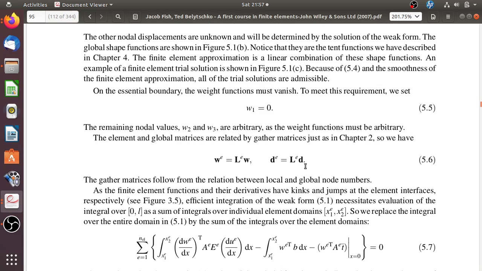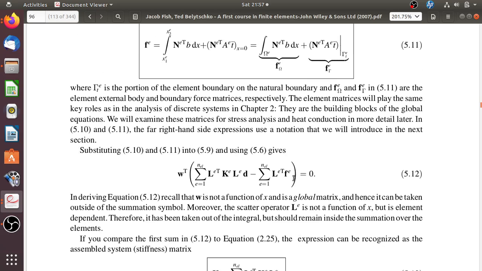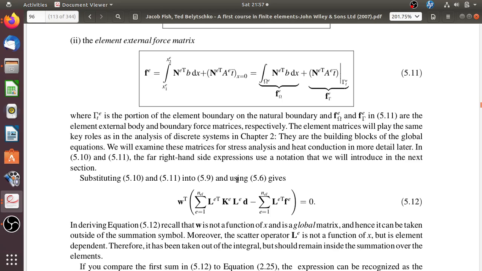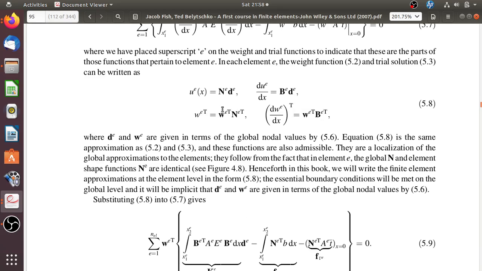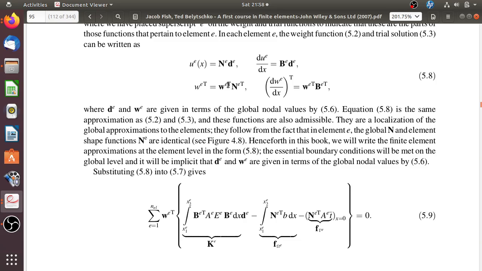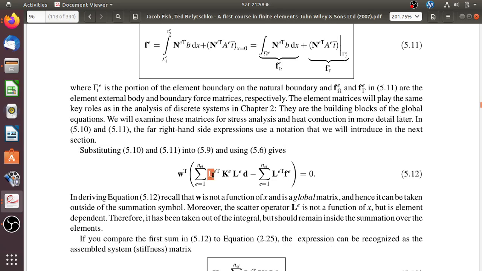So since DE is equal to LE into D, in the place of DE I will use that equation. If I do that, I will get this one. I'll get it totally in this form, because I have to do the same for this W as well. This W, given in this equation for the element, I have to map for the entire domain, and if I do that, there will be one more term of LE, which is this.